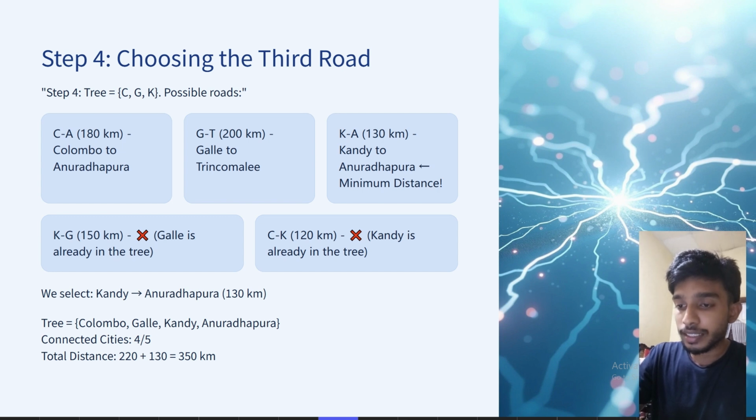Now we choose the minimum distance. We get Kandy to Anuradhapura. Now the tree has Colombo, Galle, Kandy, and Anuradhapura. Connected cities are 4. Total distance is 350 kilometers.